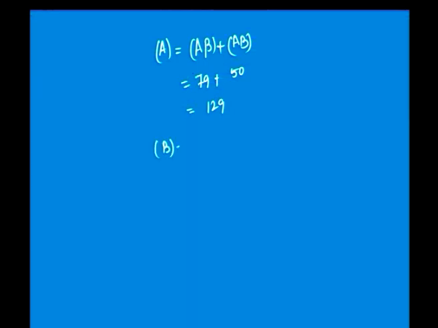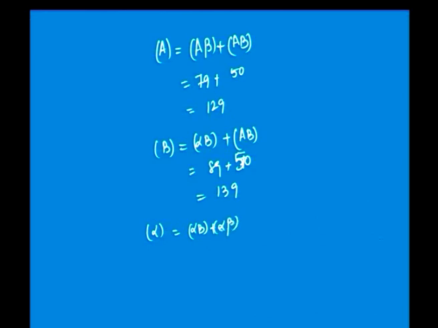Then B value. B value is alpha B plus AB. Alpha B is 89, AB is 50. This value is 139. Next, alpha value. Alpha value is alpha B plus alpha beta.